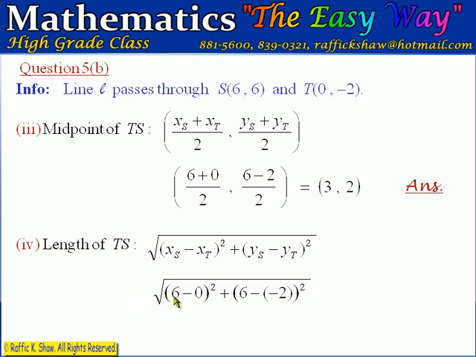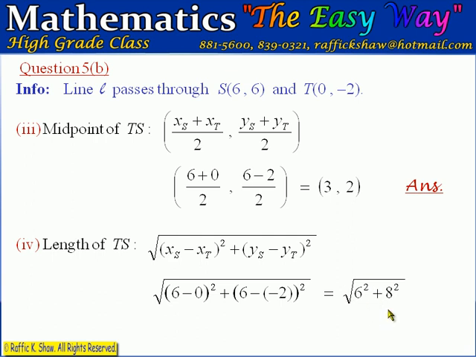And when we go ahead, 6 minus 0 is 6, so that's 6 squared, and 6 minus negative 2, that's actually 6 plus 2, that's 8. So it's going to be 8 squared. So that reduces to 6 squared plus 8 squared, and 6 squared is 36. 8 squared is 64. 36 plus 64 is 100.